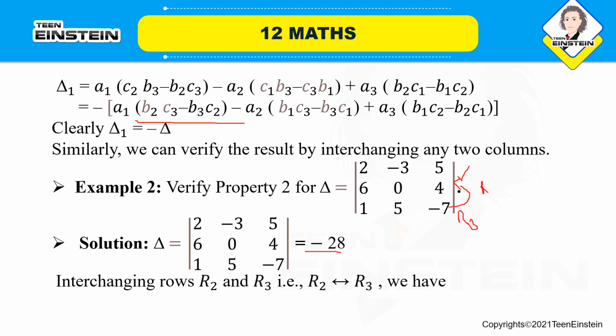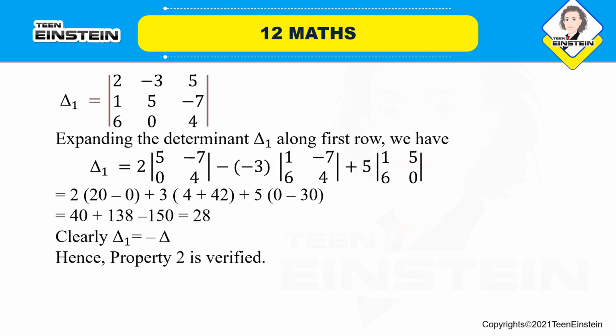R2 goes to R3 and R3 goes to R2. So the second row is now the third row and the third row becomes the second row, right? So we are going to interchange this.